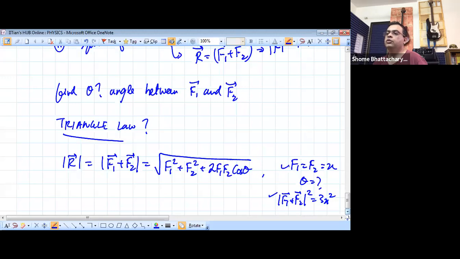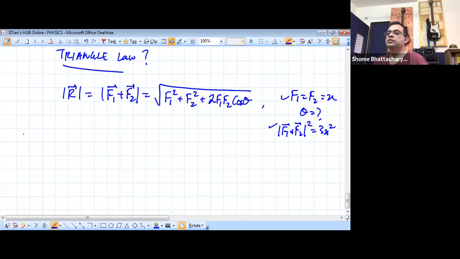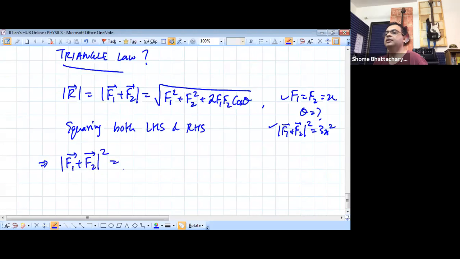Okay. So what we can do is we can square both sides. So squaring both left hand side and right hand side of the equation, we have magnitude of F1 plus F2, that is the magnitude of the resultant whole square, should be equal to this thing square, which will just become F1 square plus F2 square plus 2F1F2.